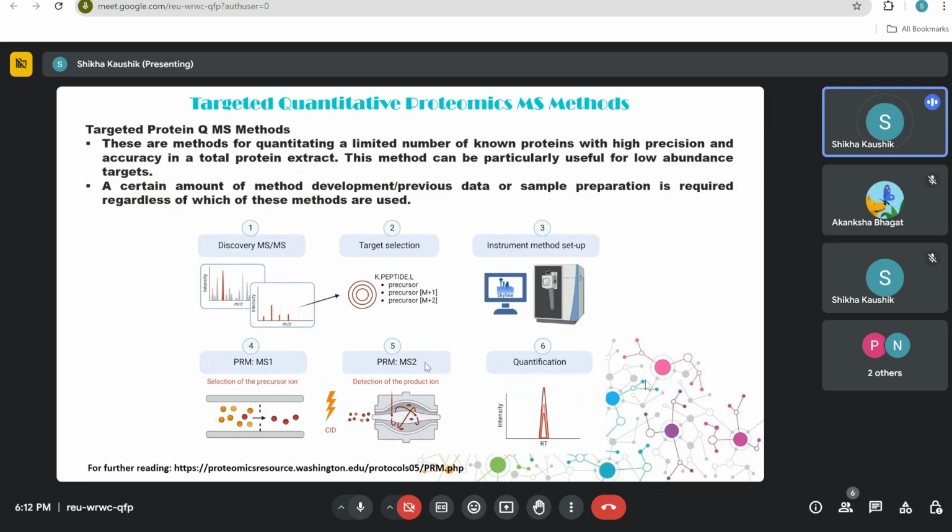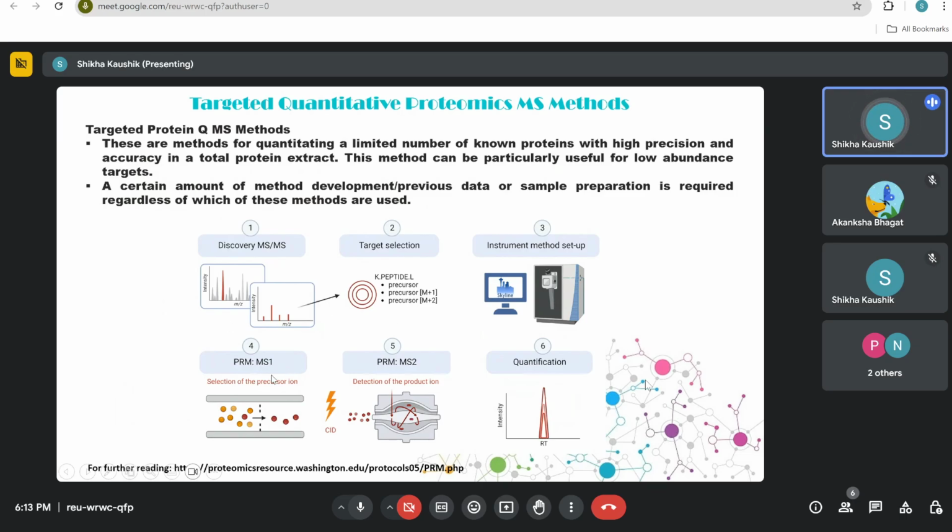Second, sample preparation has to be done in a very precise manner, with the same methods that you're going to use for your next set of experiments. Because to maintain reproducibility, you have to maintain the procedure, take a single procedure, and reduce the complexity of your sample. Reducing complexity, I have already mentioned.